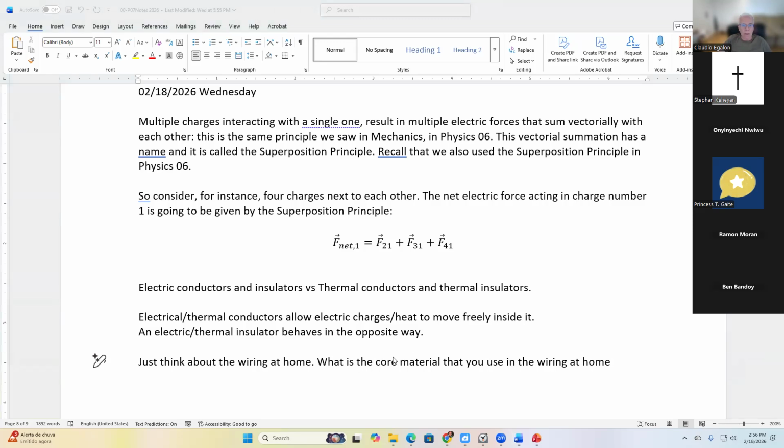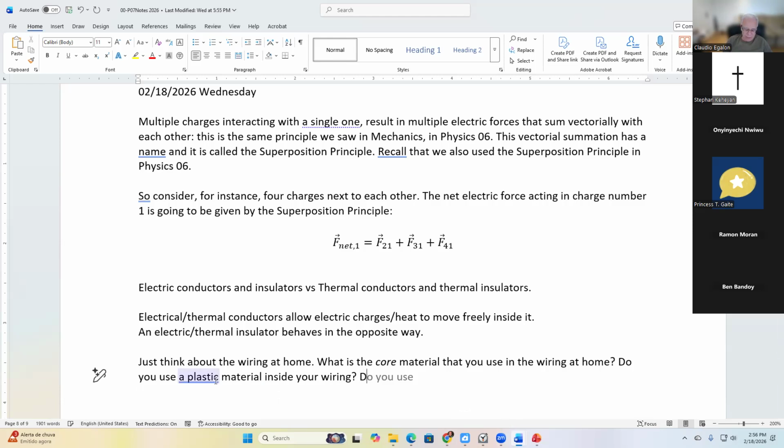What's the core material used in wiring at home? If you have opened the wiring, do you use a plastic inside your wiring? Yes or no? Anybody can answer me that?